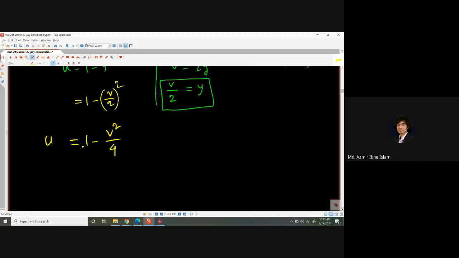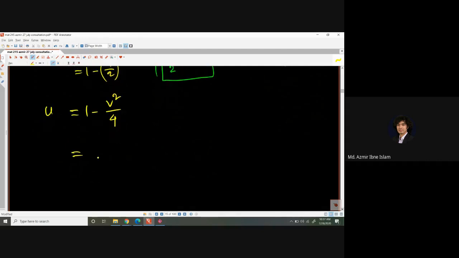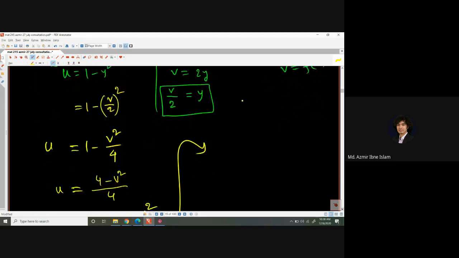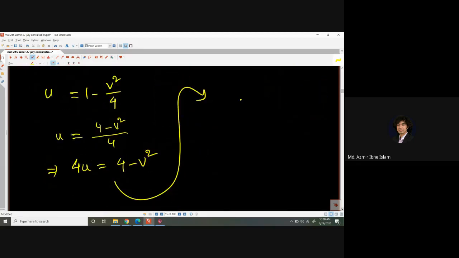It is just a simple algebraic technique. Then you can just take the LCM and you are getting 4 negative v squared as 4u. So 4u equal to 4 negative v squared, and from this our target is to keep v on the left side.